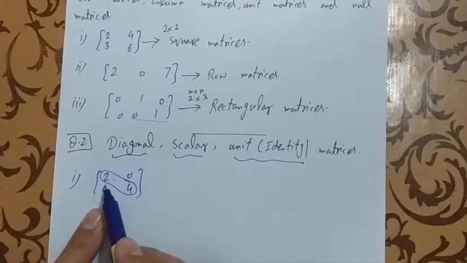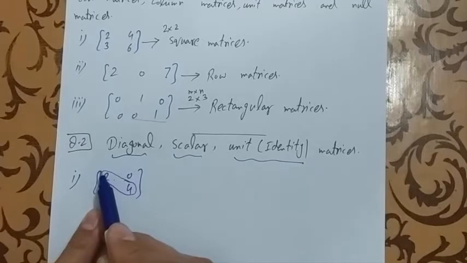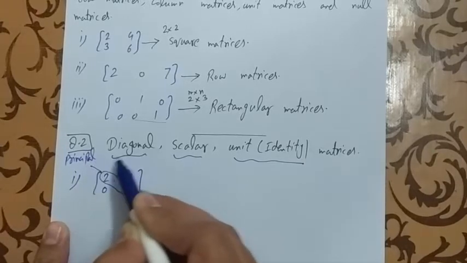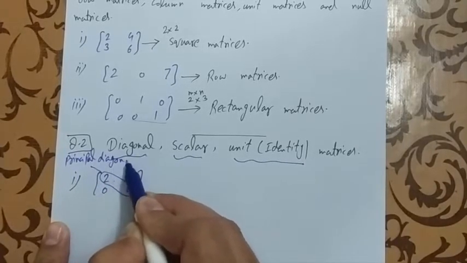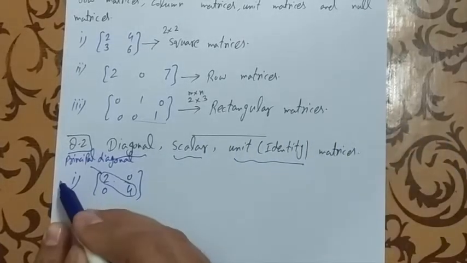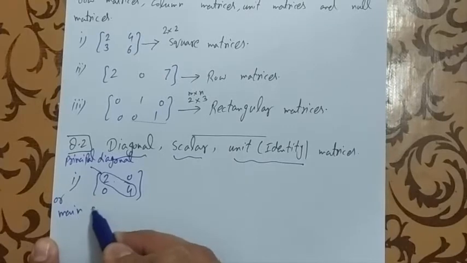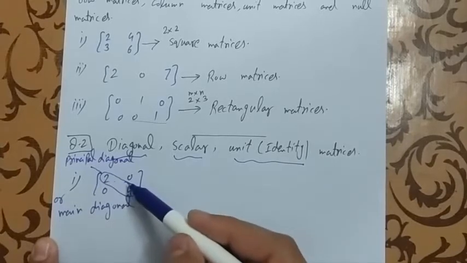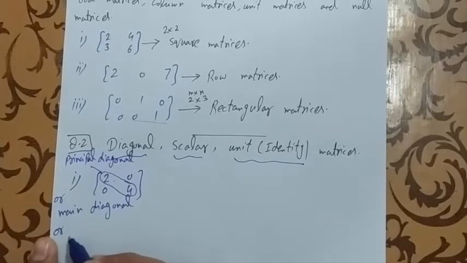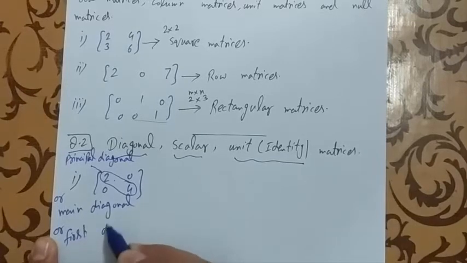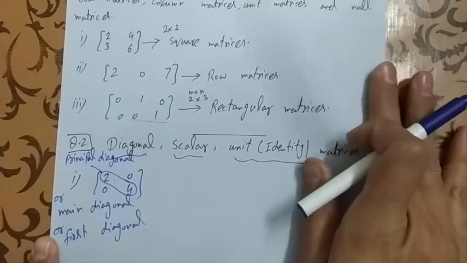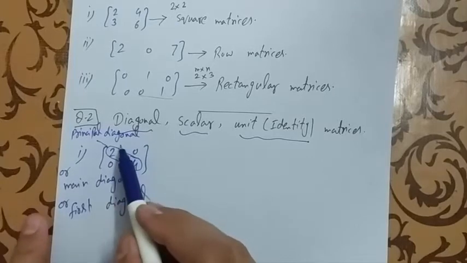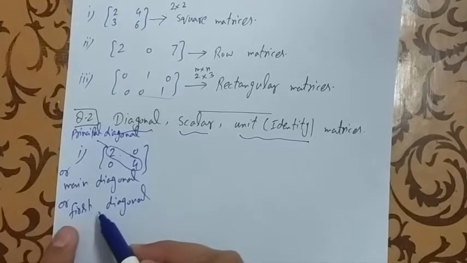All the entries other than the principal diagonal are zero. The principal diagonal has other names: main diagonal and first diagonal.